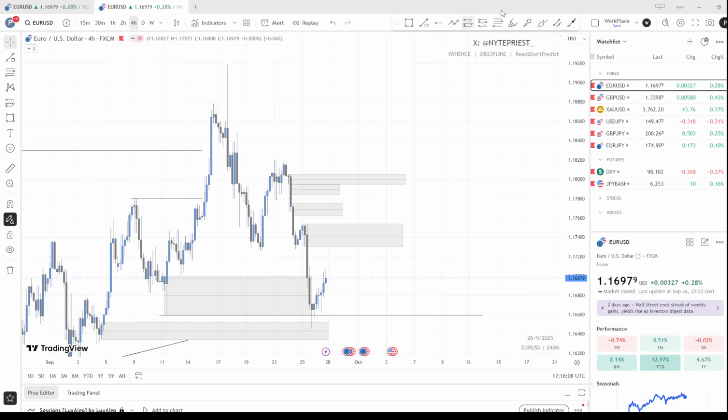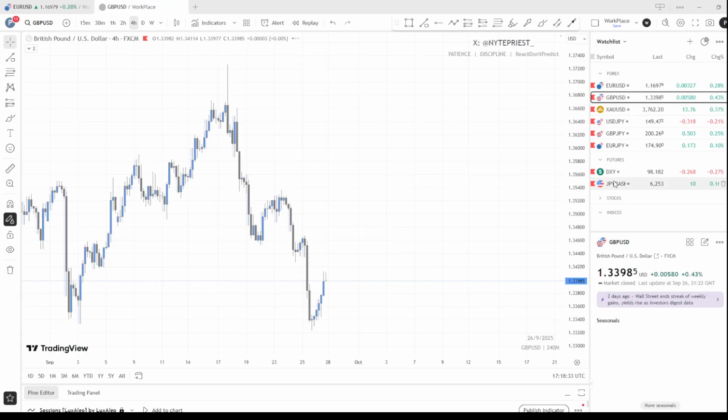So we will use this as a liquidity unless price gives us something like this as a fake out. Then we tap into this order block, then we look for a confirmation and sell. So I'll be looking for a reaction on this zone and this zone to sell.